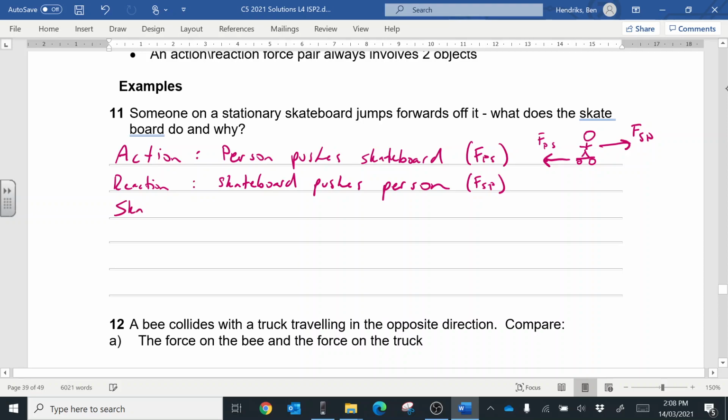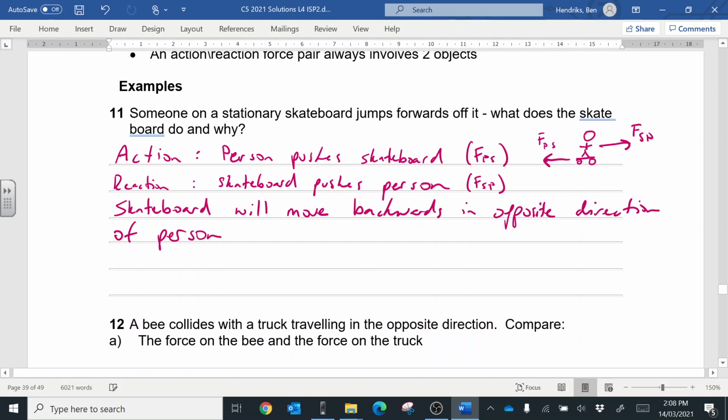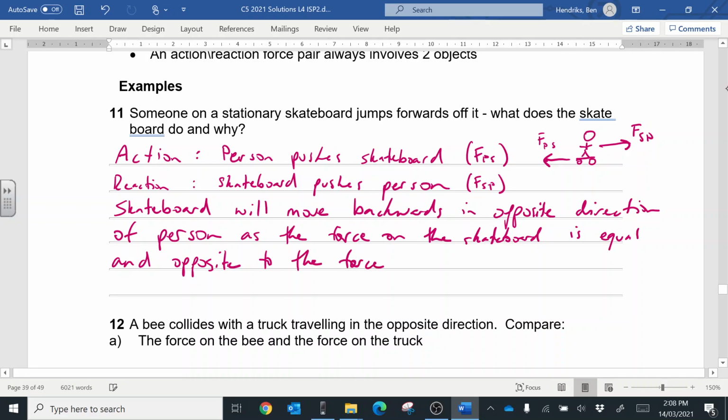So the skateboard will move backwards in the opposite direction of the person as the force on the skateboard is equal and opposite to the force required to push the person forward.